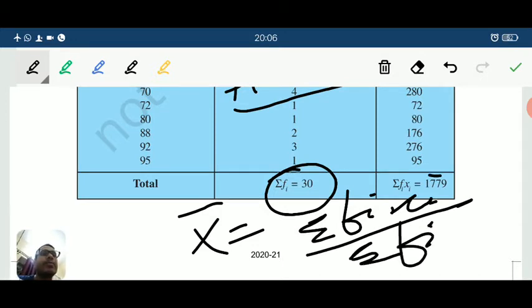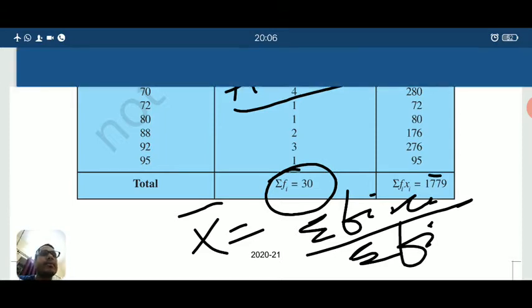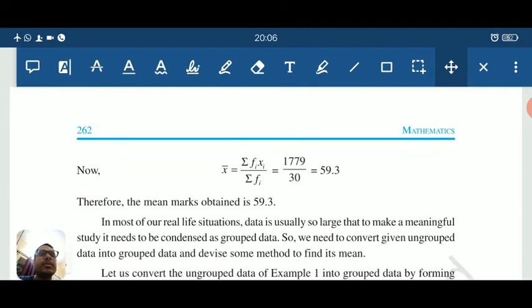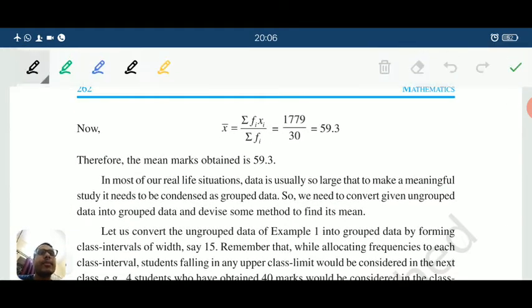Putting the values in the formula, 1779 was the summation of fi xi divided by sigma of fi, that is the total number of frequencies, that is 30. So 30 students were there, and you got the mean as 59.3.